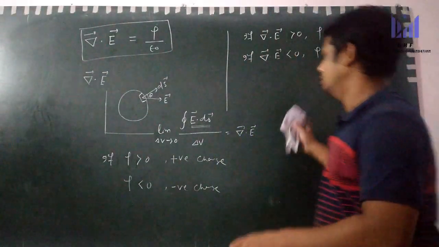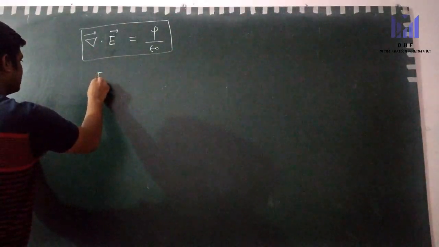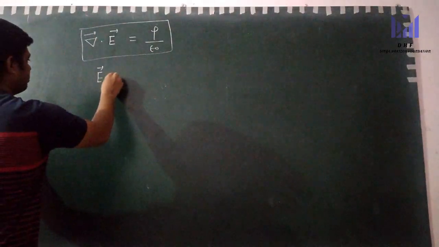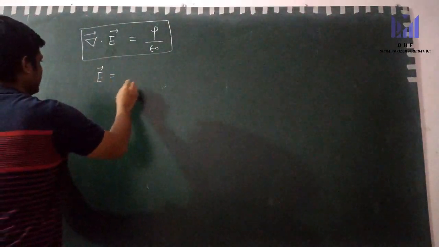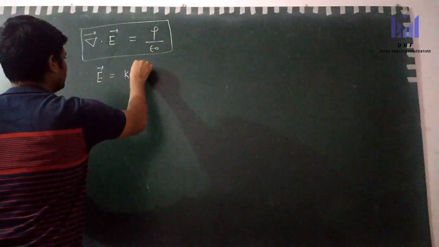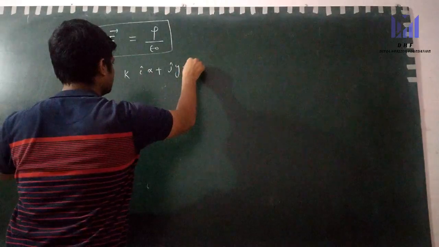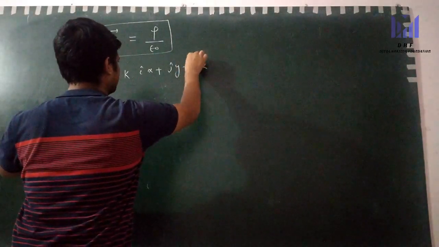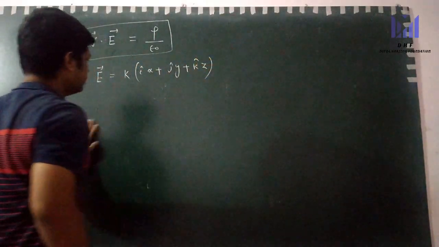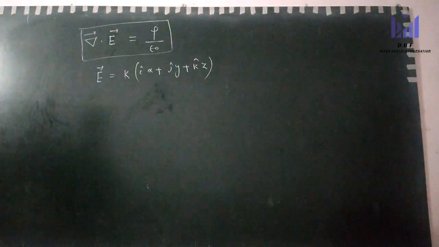So let's take the expression for electric field at a particular region, that is some constant k into i cap x plus j cap y plus k cap z.